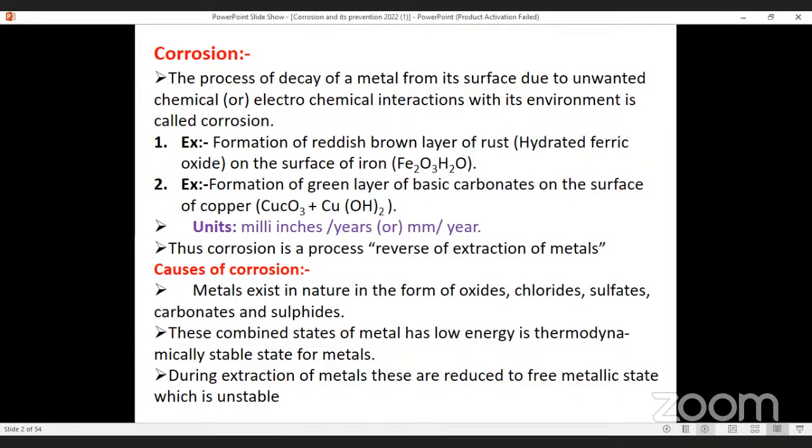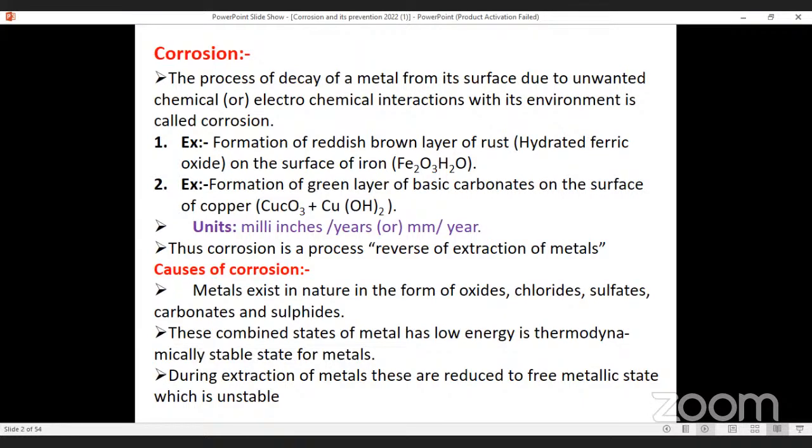That process is considered the corrosion process. Here are the examples: formation of a reddish brown layer of rust, where iron is converted into iron oxide, that is ferric oxide, Fe2O3.